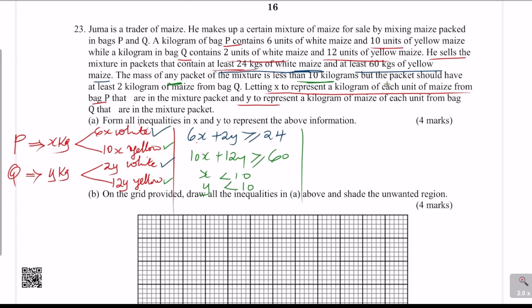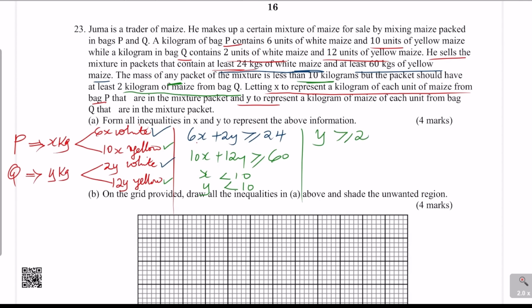And then the packet should have at least 2 kg of maize from bag Q. At least 2 kg from bag Q. A kg from bag Q is Y, so that means Y should be greater than or equal to 2.